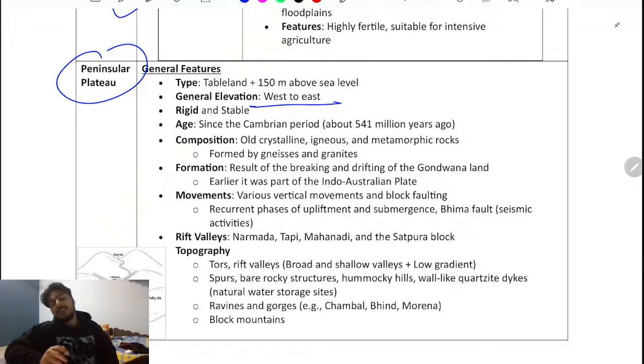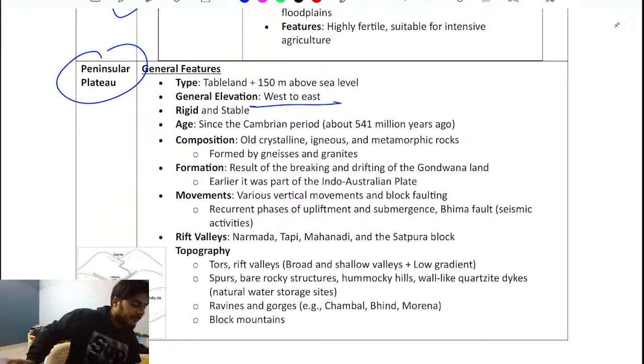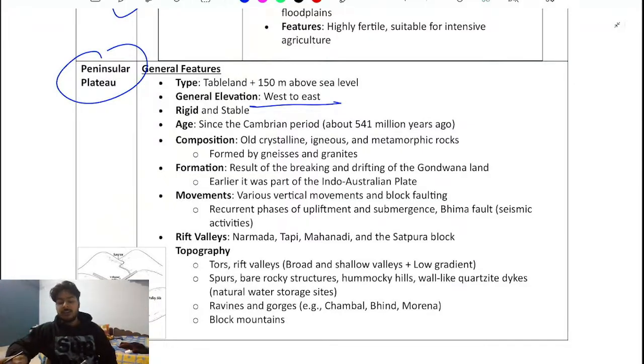Many rivers flow in between the Rift Valley. First is the Narmada, then Tapi, Mahi and the Satpura range. Clear? So these are the rivers that flow in the Rift Valley.